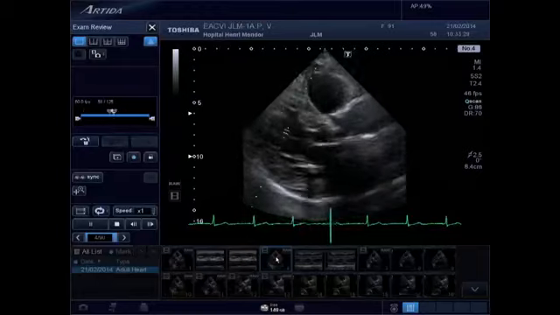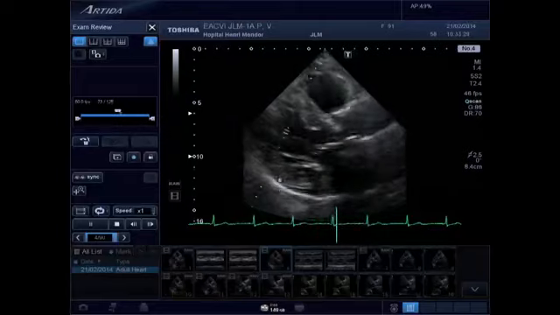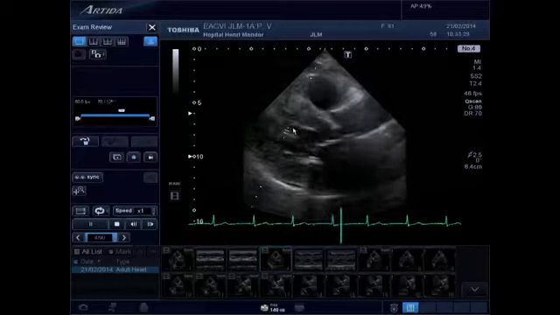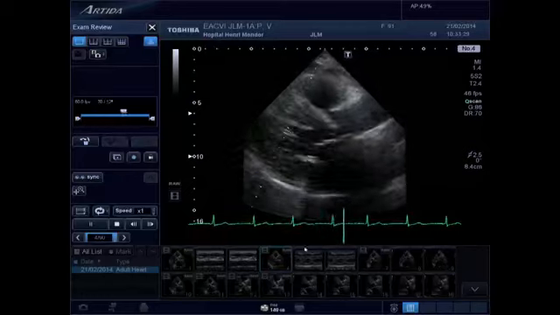Then we will perform the M-mode measurements of the left ventricle. We will try to have a perpendicular axis as compared to the left ventricular long axis for these measurements.